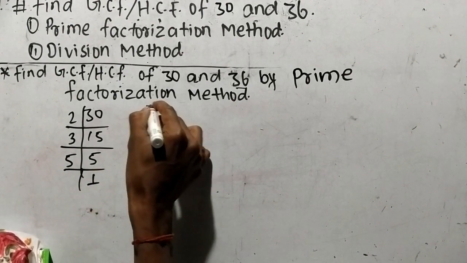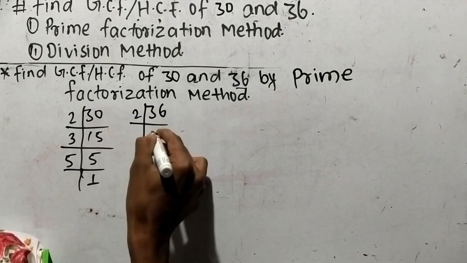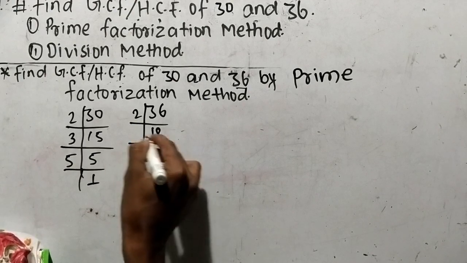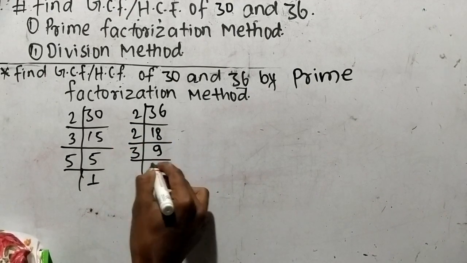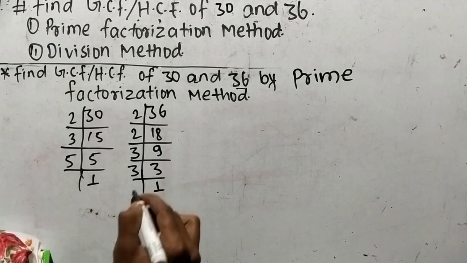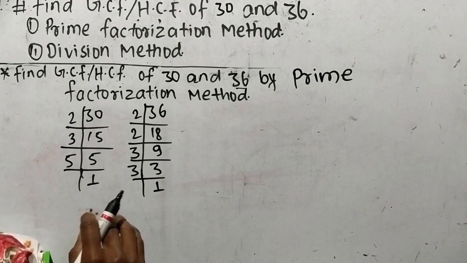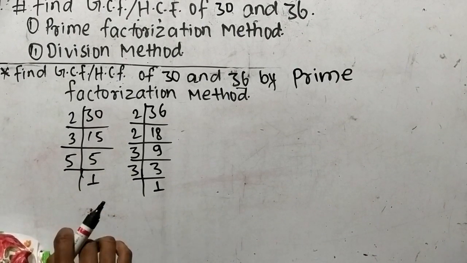So in the same way we can find out the prime factors of 36. So it is 2 times 18 means 36, like as 2 times 9 means 18, like as 3 times 3 means 9 and 3 times 1 means 3. So as you look here, we have found the prime factors of 30 and 36.